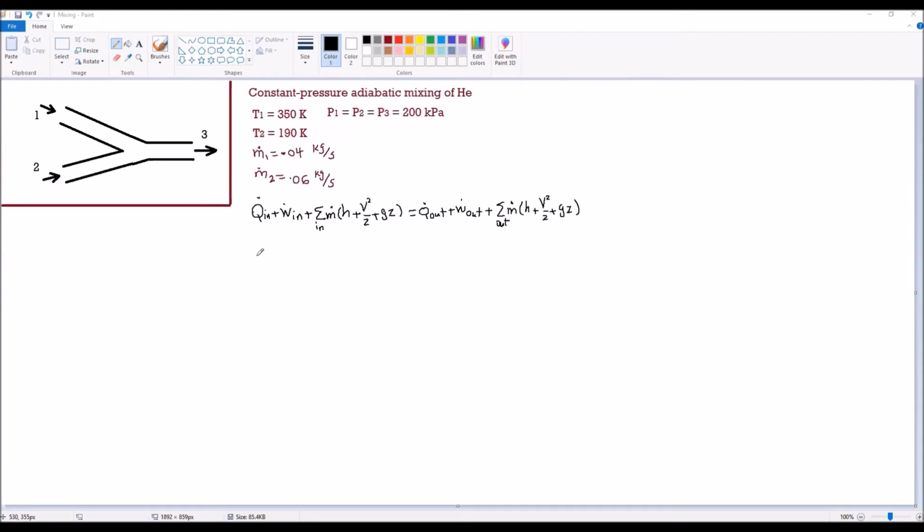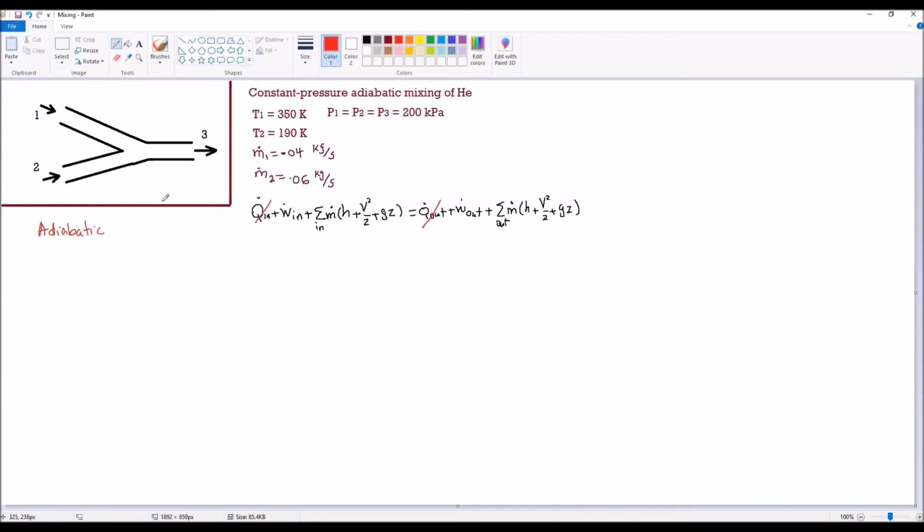Now let's look at the terms that we don't need and we can remove from the equation to simplify it. We said it's adiabatic, so these two heat transfer terms, Q dot in and Q dot out, can be removed from the equation.